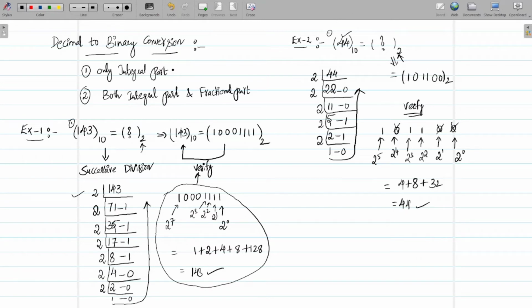In this way you can convert any decimal number into its equivalent binary number. Now let us see the second model of problems. So in the second model you must have the integral part plus fractional part. So the third example will have integral part plus fractional part.